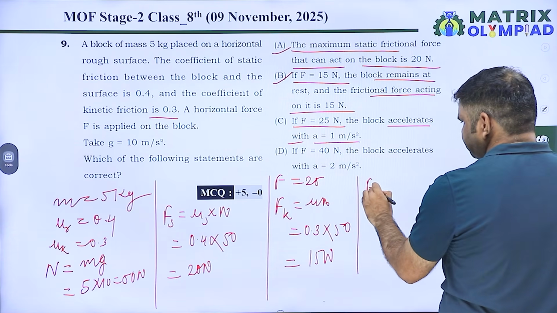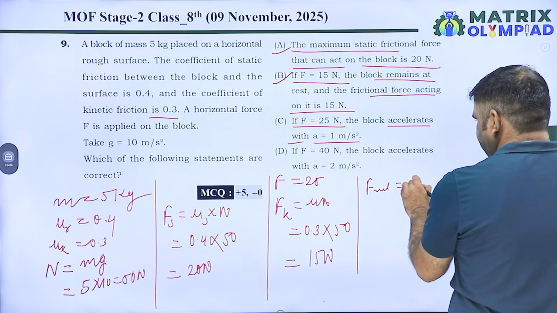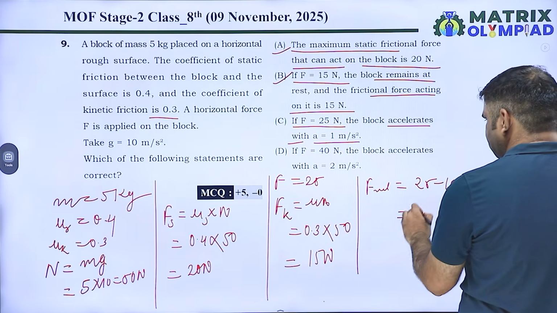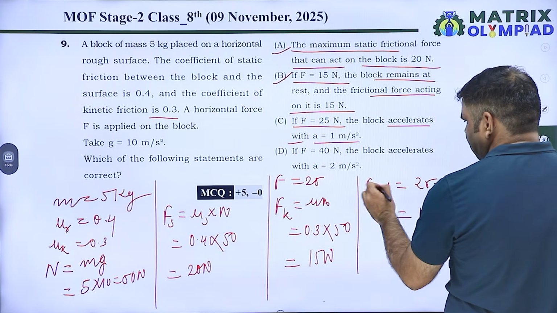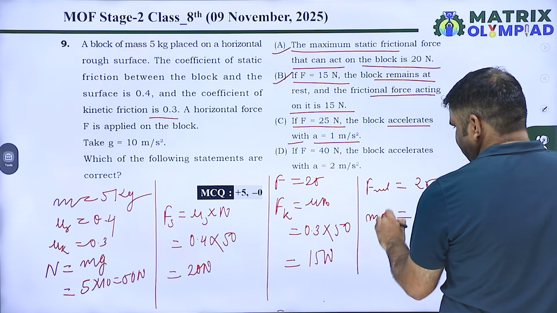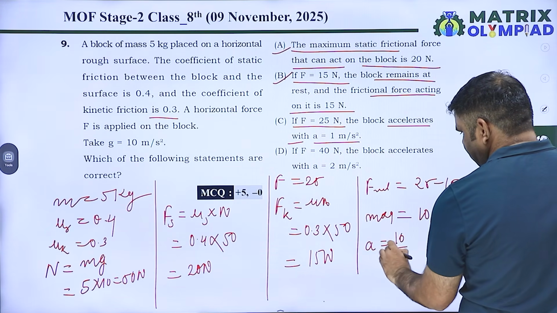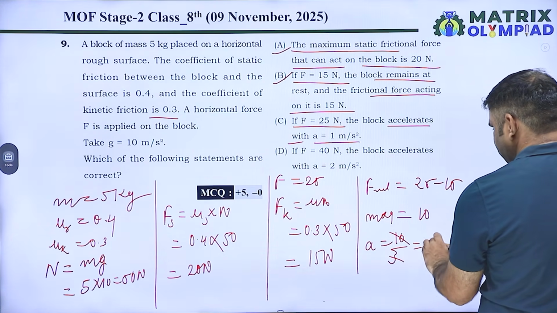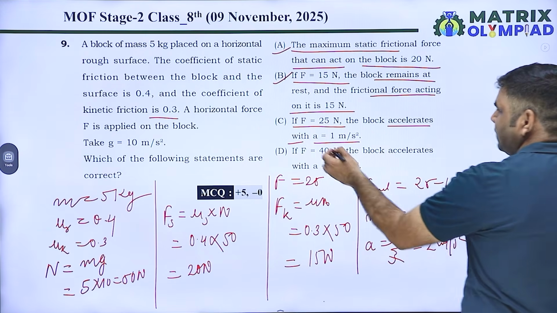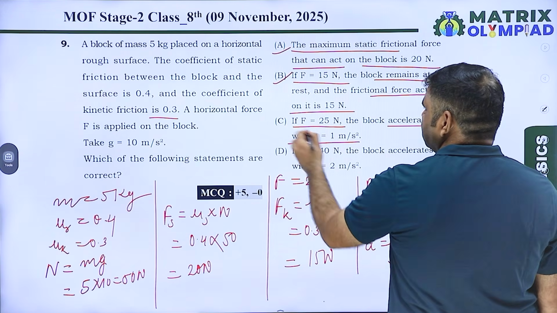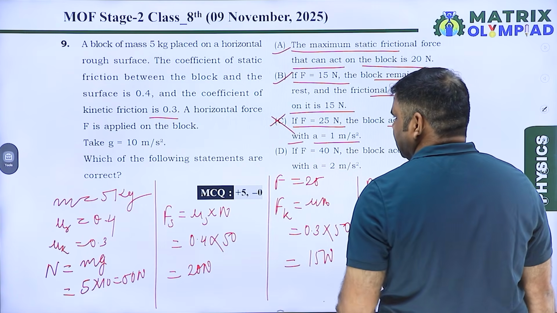So F net is 25 minus 15, that is 10 Newton, and F is ma, so a is 10 by 5, so a is 2 meter per second square, not a equal to 1. So C is incorrect.